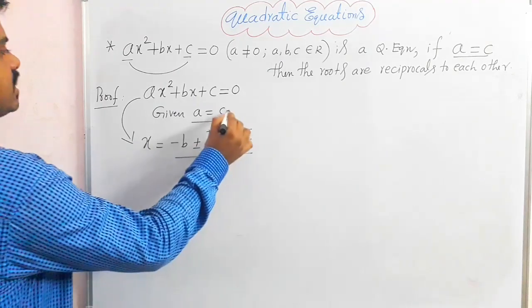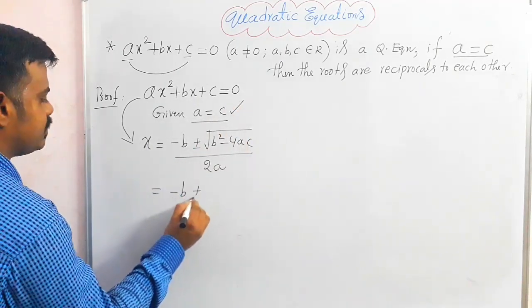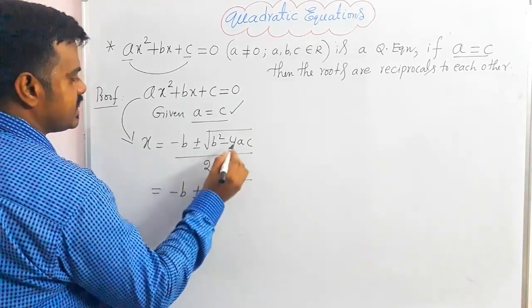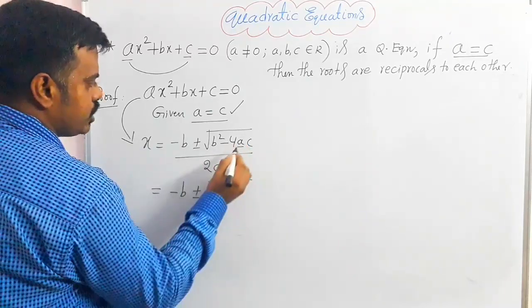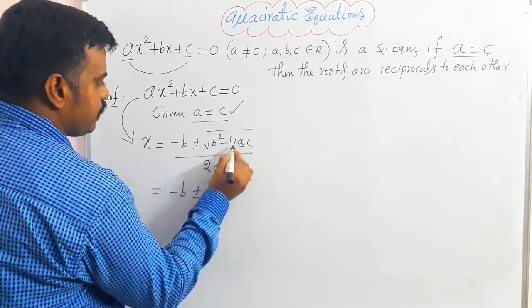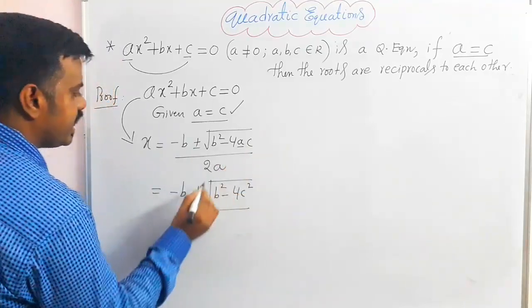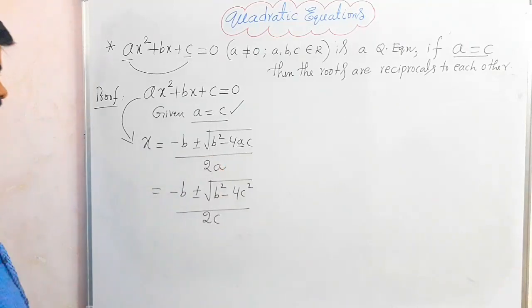Here in the place of a you write c, then it will be minus b plus or minus root over b square minus 4ac. In the place of a I am going to write c, then it will be 4c into c, 4c square, by here also in the place of a you write c, then it will be 2c.